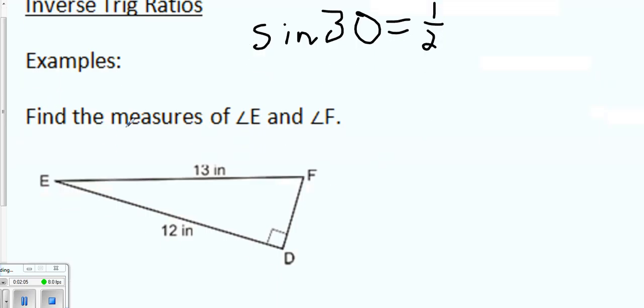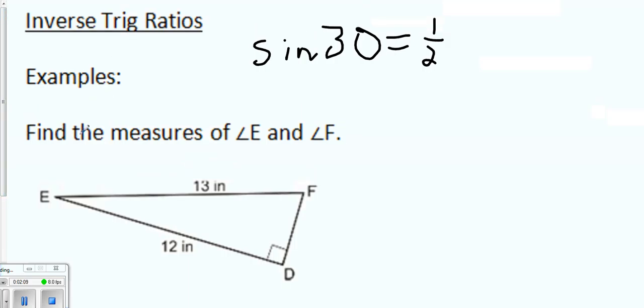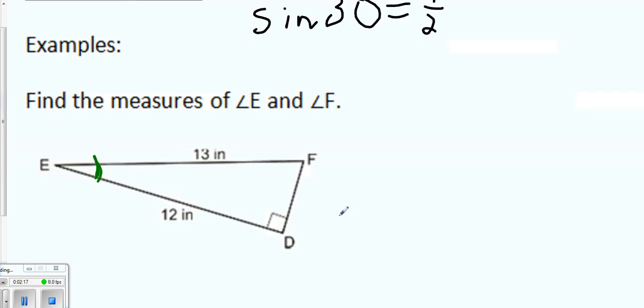Now, looking at questions like this one. For this example, it says find the measures of angle E and angle F. Well, first let's look at angle E right here. According to angle E, this side would be opposite, this side would be the hypotenuse, this side would be the adjacent. According to angle E, what we're looking at, we know the adjacent and the hypotenuse.